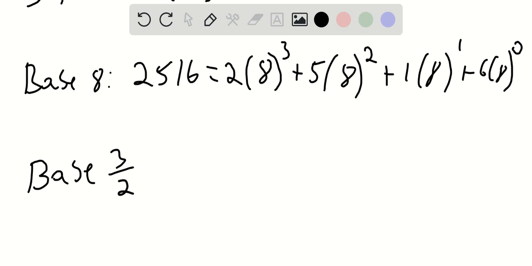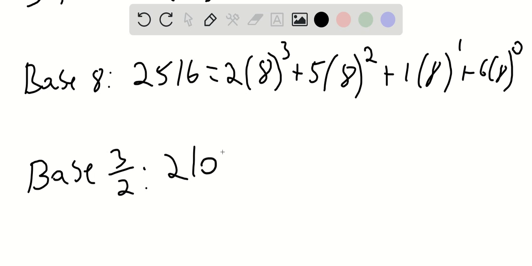But again, using our definition of a base, a particular number is written in base x if it is equal to the sum of the products of its digits, going from right to left, with increasing powers of x.